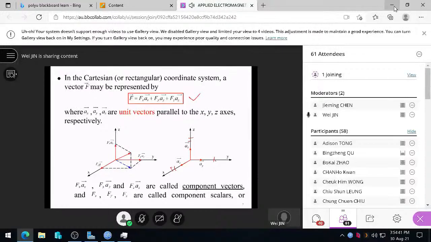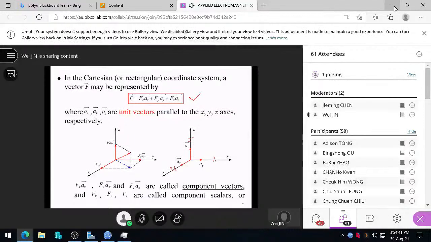Okay, the relationship between the magnitudes of the 3 component vectors and the total vector is given by this formula. The magnitude of vector f is equal to the magnitude of the 3 components squared, added together, then take a square root.